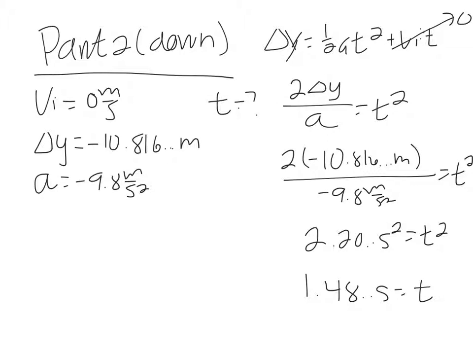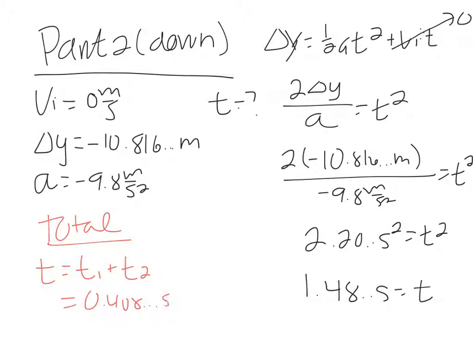So we know how long it takes to go up. We know how long it takes to come back down. Now all we have to do is add those together. So your total time would equal the time from part 1 plus the time from part 2. So 0.408 keeps on going. You should have stored that number in your calculator.